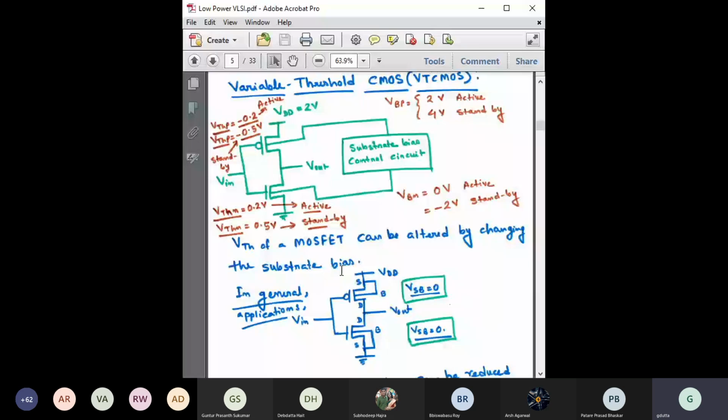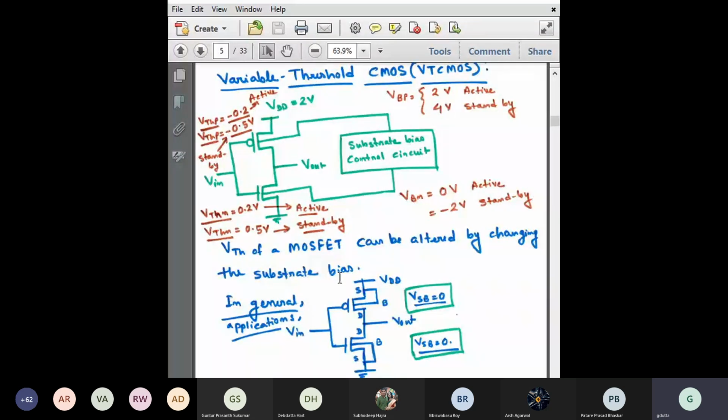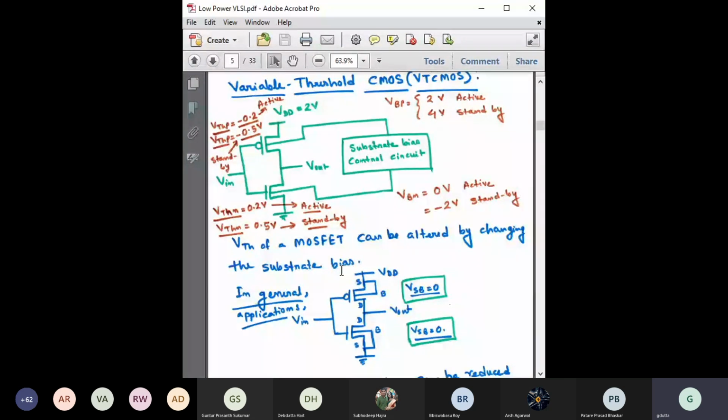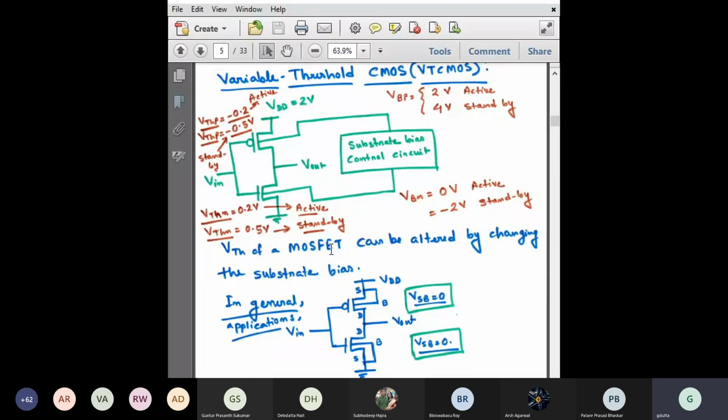So we are not going to discuss it today. Maybe possible tomorrow or in the next week. Definitely we will discuss more on the effect of body bias from some device physics point of view. But for today let us only understand this part, that if we apply some body bias, obviously threshold voltage is going to be affected.